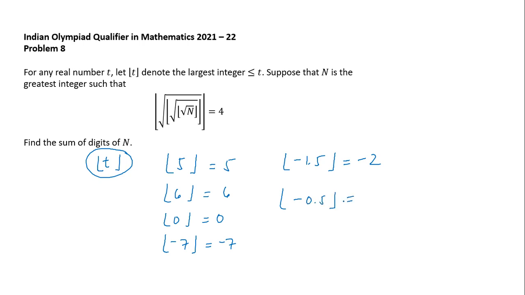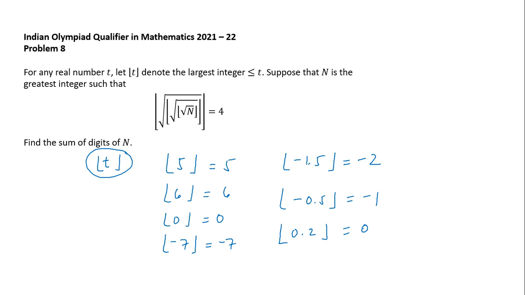The floor of negative 0.5 is negative 1 because negative 1 is the largest integer less than negative 0.5. Another: what if we have the floor of 0.2? The answer is 0, because 0 is the largest integer less than 0.2. So that is what we mean by the floor of a number or the floor of t.